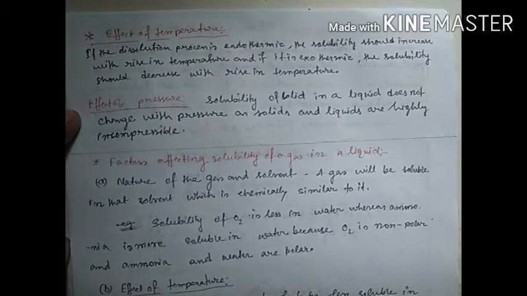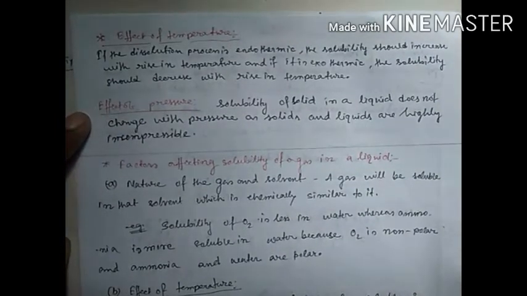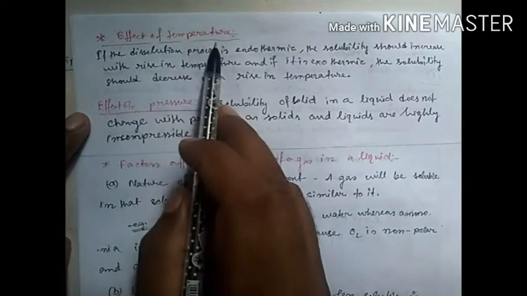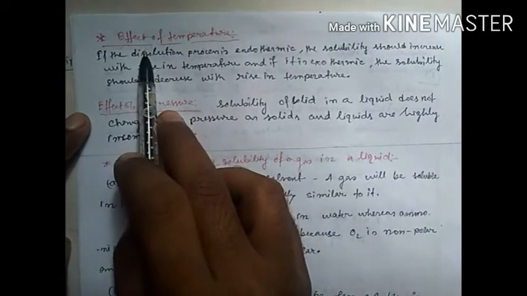Now see how the solubility of solid in liquid depends on temperature and pressure. First of all, we will see what is the effect of temperature on the solubility of solid in liquid.